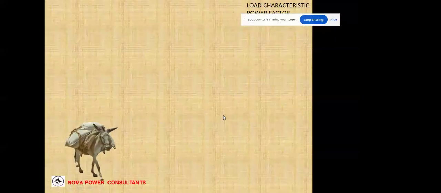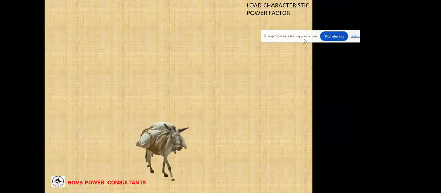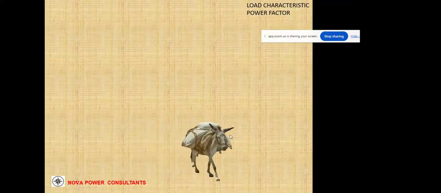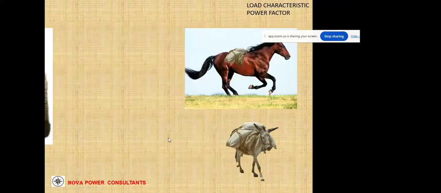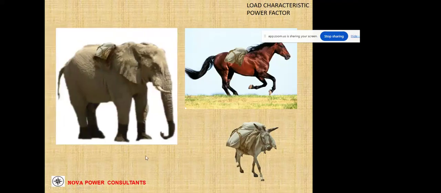So, the characteristic of the power factor. There are different characteristics of the load. Here the load remains the same, but here it is the load on a donkey, the load on a horse, and the load on an elephant. Say it is a 5 kW load.